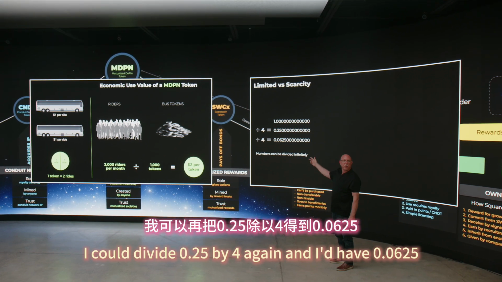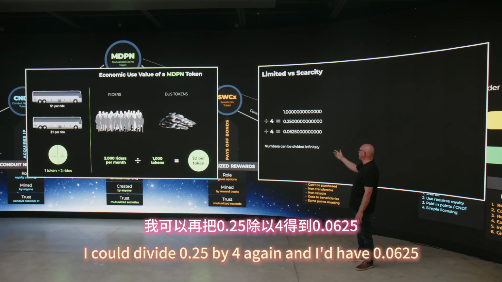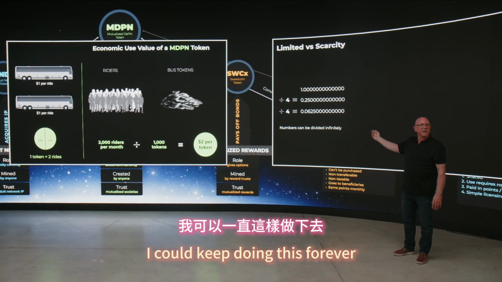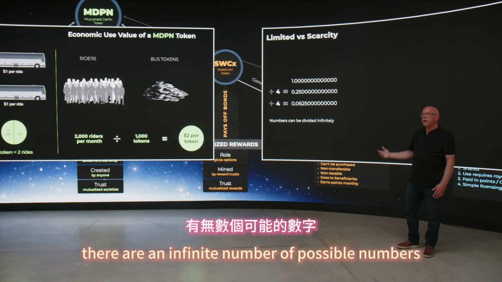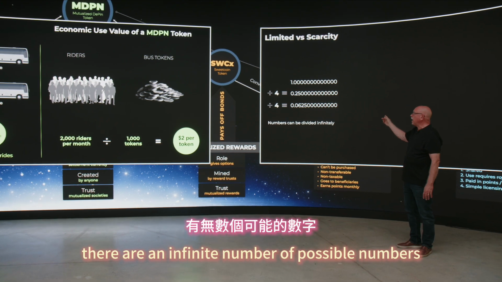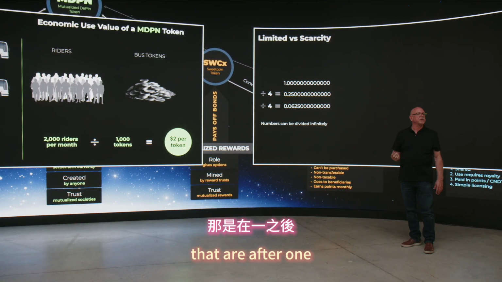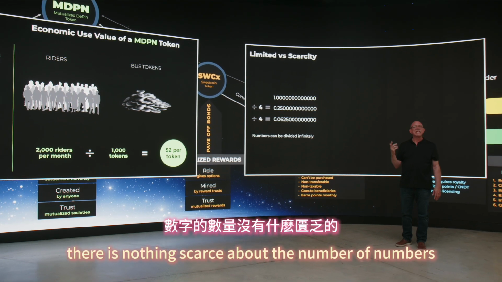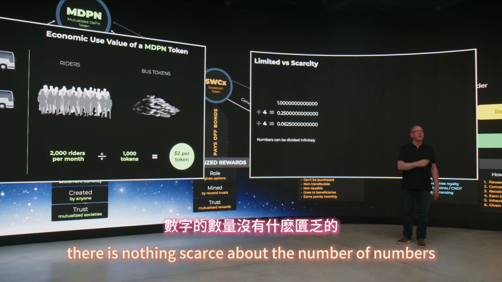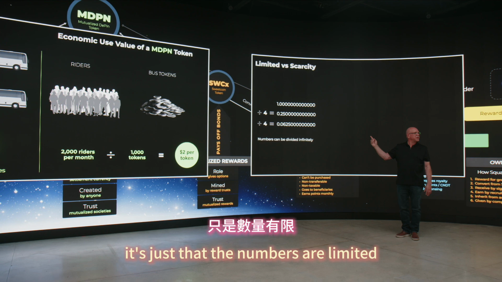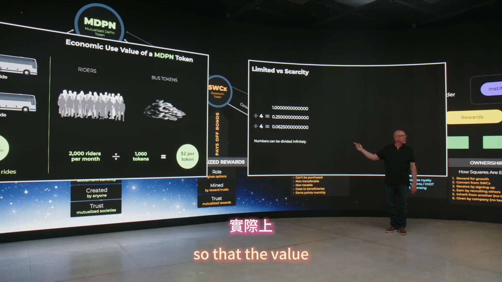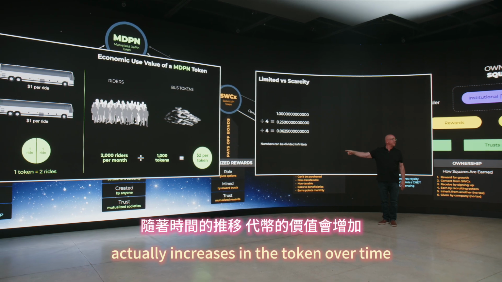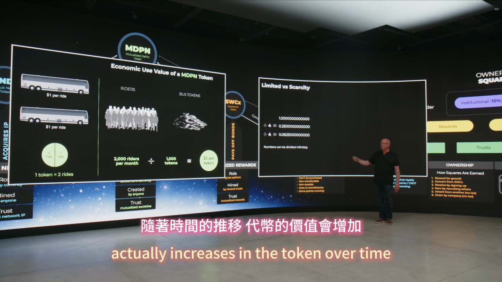And I could divide 0.25 by 4 again, and I'd have 0.0625. I could keep doing this forever. There are an infinite number of possible numbers after 1. It never ends. There is nothing scarce about the number of numbers. It's just that the numbers are limited so that the value actually increases in the token over time.